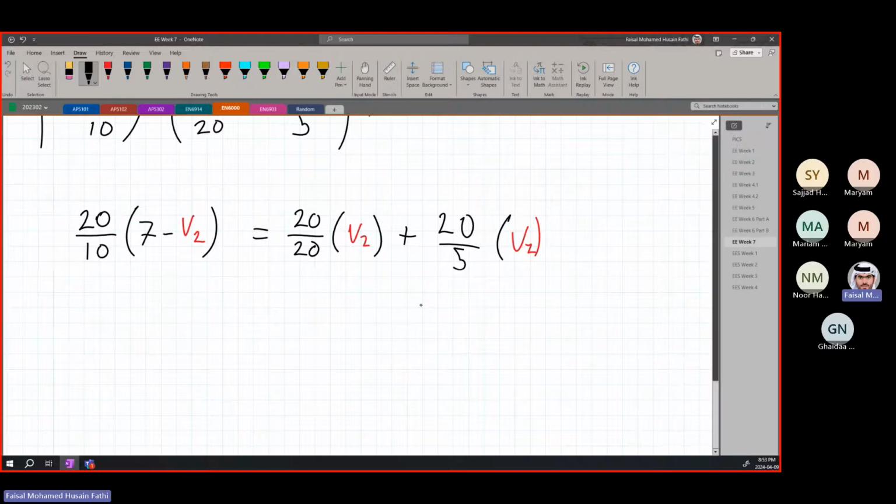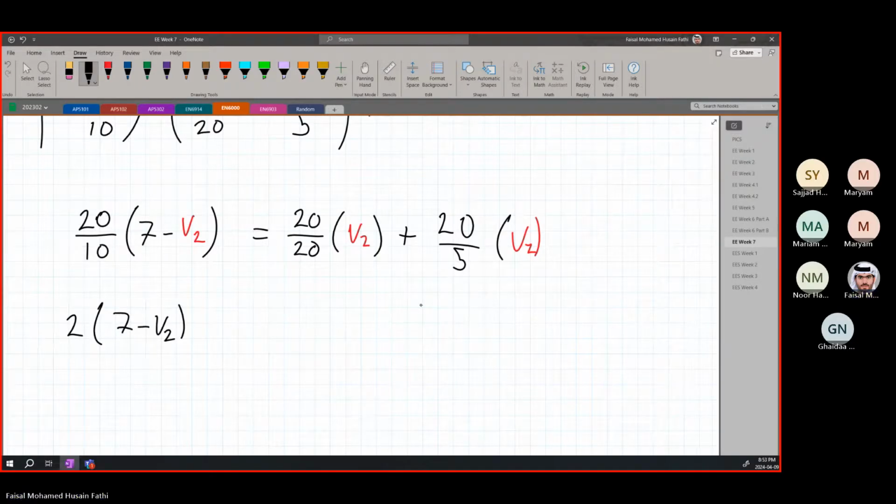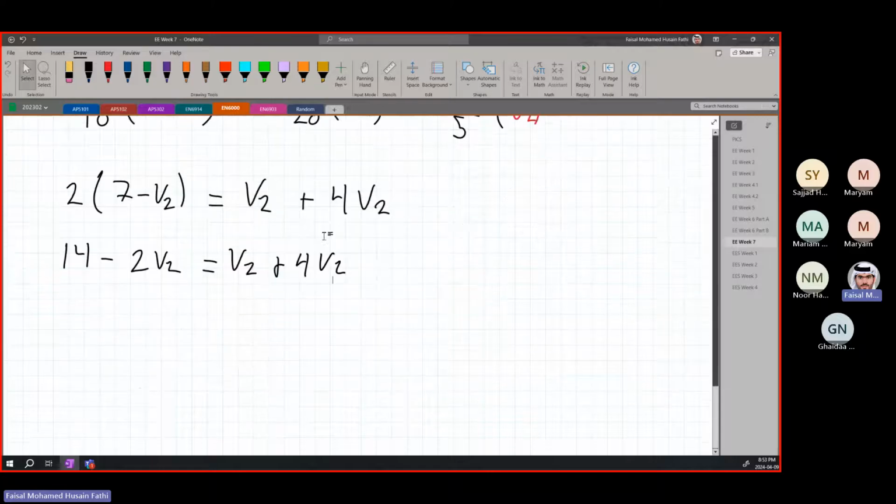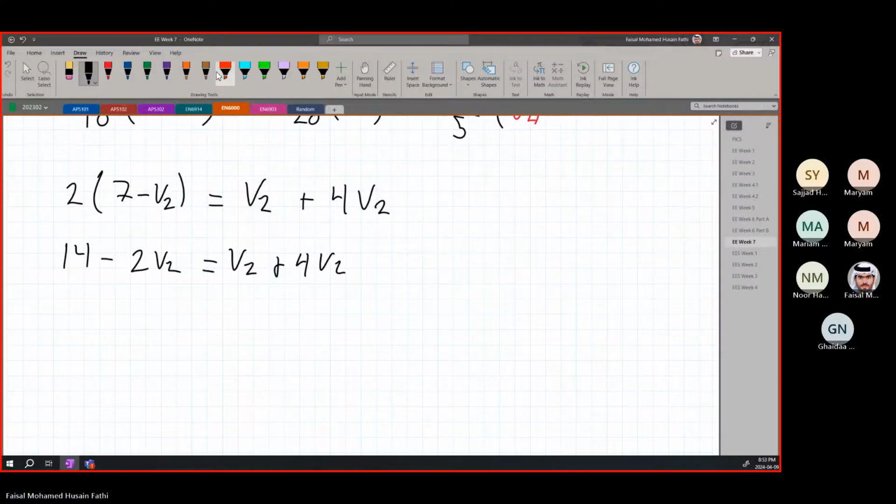Now 20 over 10 is 2, so 2 times (7 minus V2) is equal to V2 plus 20 over 5, which is 4V2. Distribute: 14 minus 2V2 is equal to V2 plus 4V2. We will group up all the V2s together, since V2 is what we're trying to get.